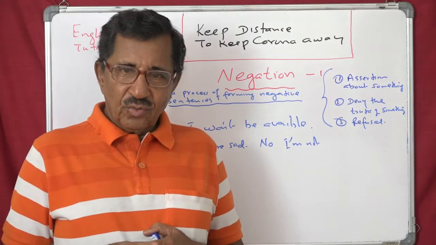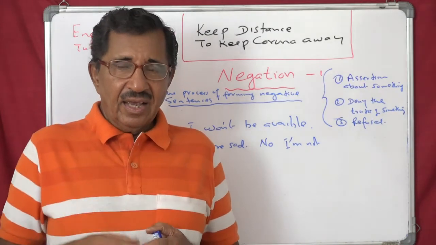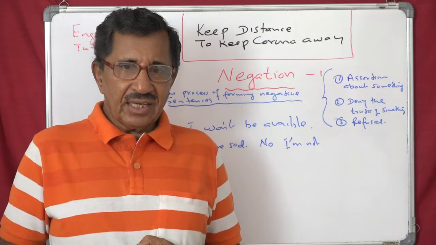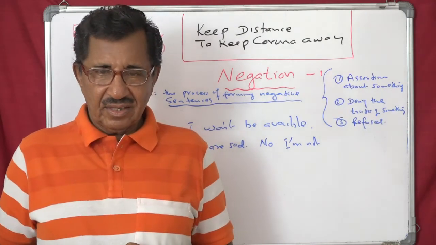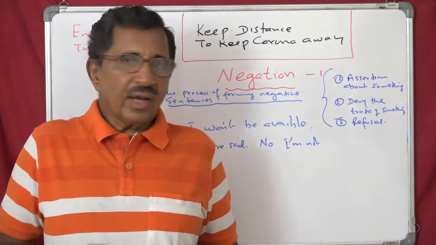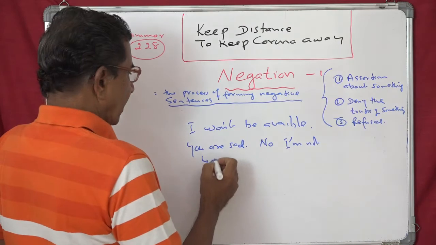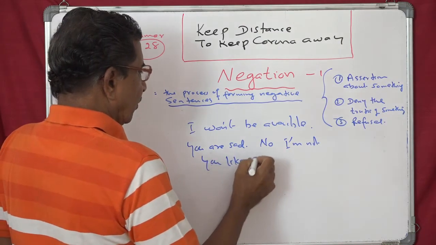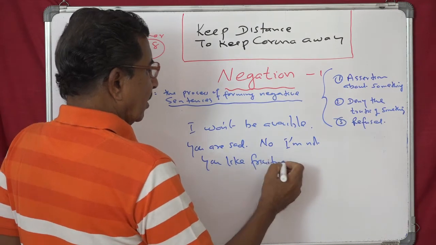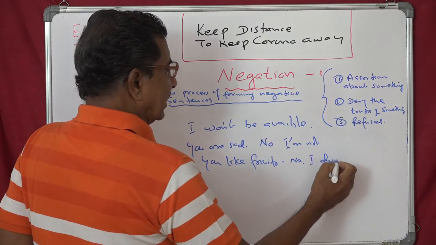You are sad, that is a fact. But the person who is responding says, no, I am not. So that is denial of a truth. Listen. You like fruits? No, I don't. That is denial.